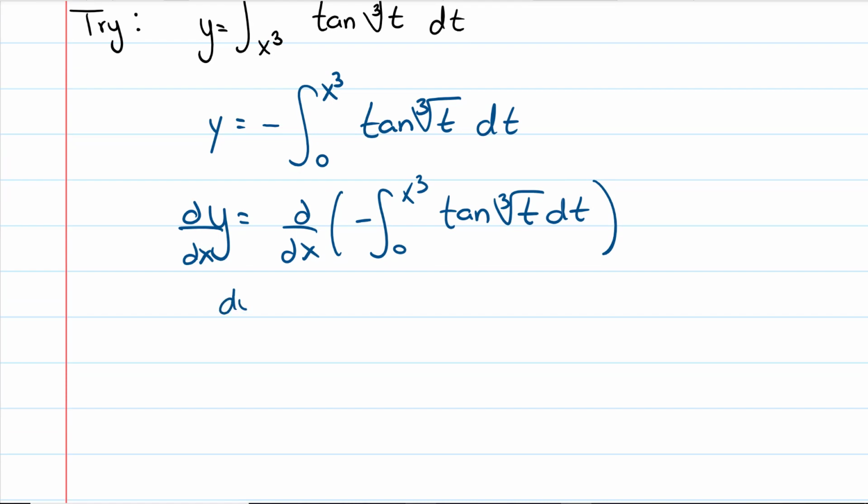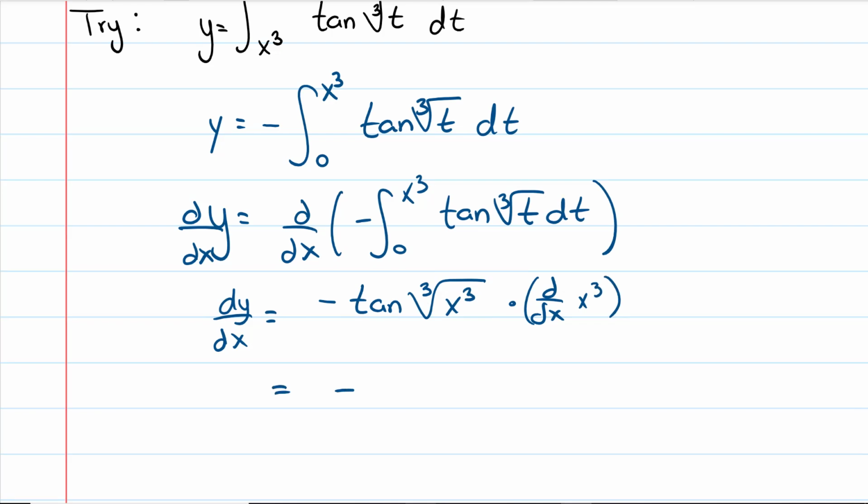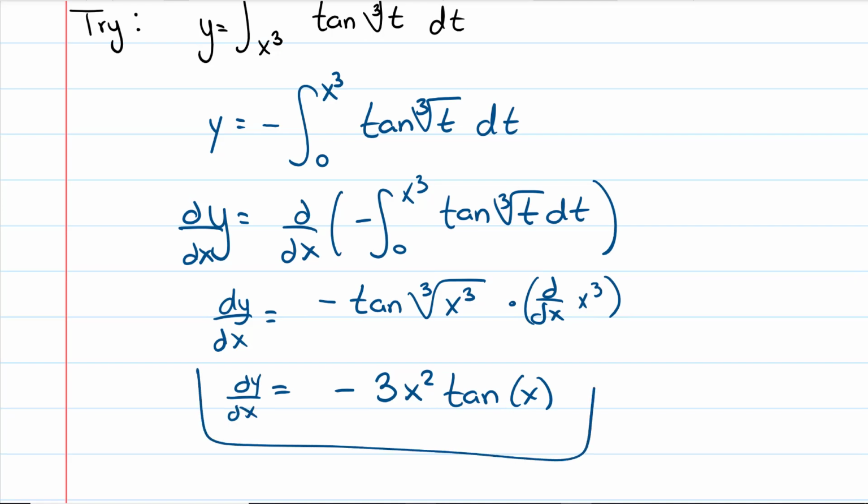So I get dy dx is equal to negative tangent of the cube root of x cubed times the derivative with respect to x of x cubed. So my final answer is going to be negative 3x squared tangent of x, since the cube root of x cubed is simply just x. And that is your answer.